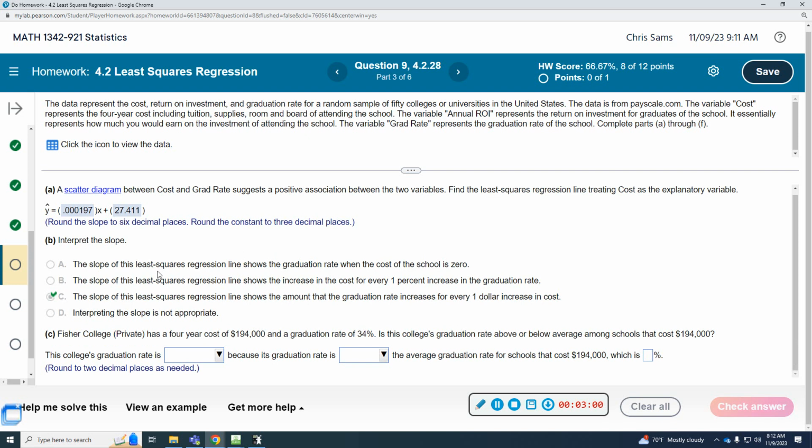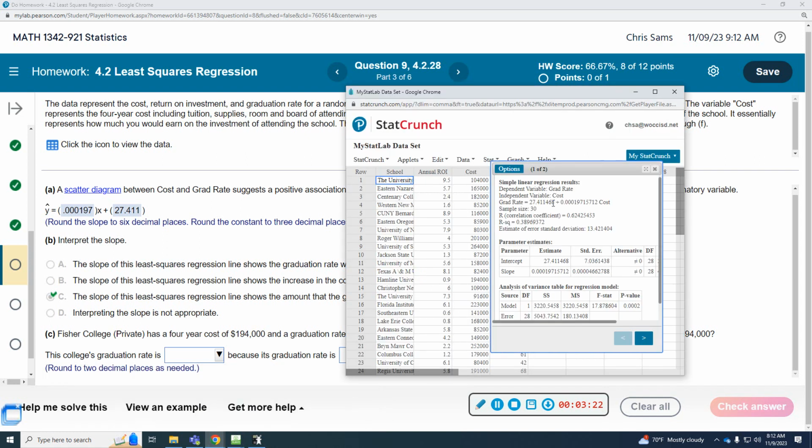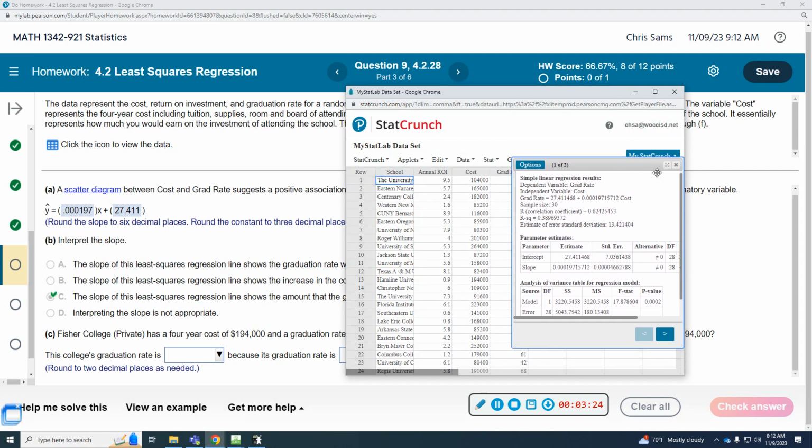Okay. C, Fisher College private has a 4-year cost of $194,000, graduation rate of 34%. Is this college graduation rate above or below the average for that? So let's look at the data to make sure we're in range. We should be most of the time. I don't think they're going to give us anything that's outside of the range.